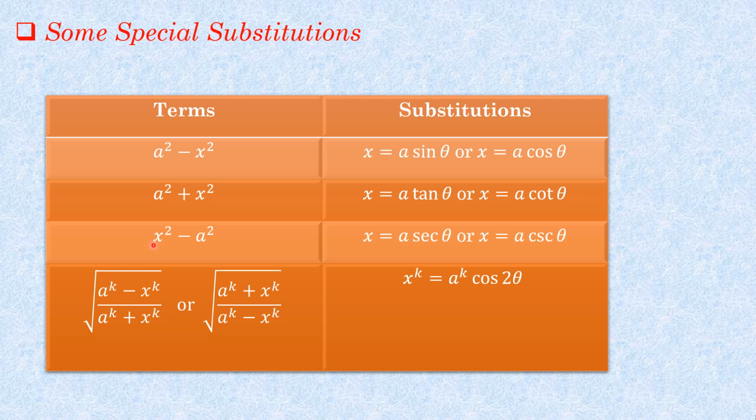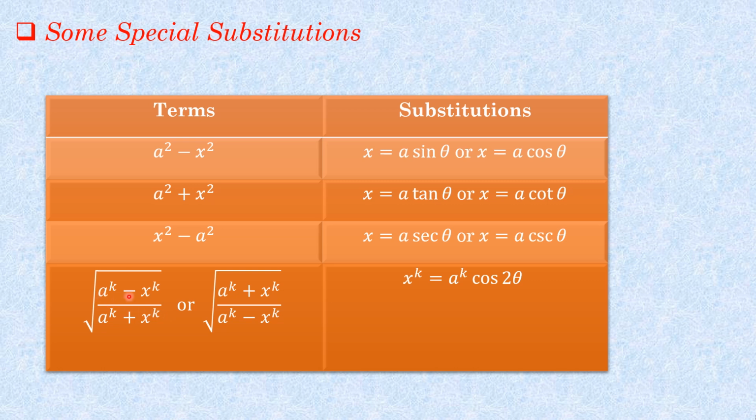From there we can simplify the entire term to a simple form, and then we can differentiate the term. And you see, if this type of term is present, interestingly the square root sign is necessary here. Without this square root sign you should not apply this substitution.